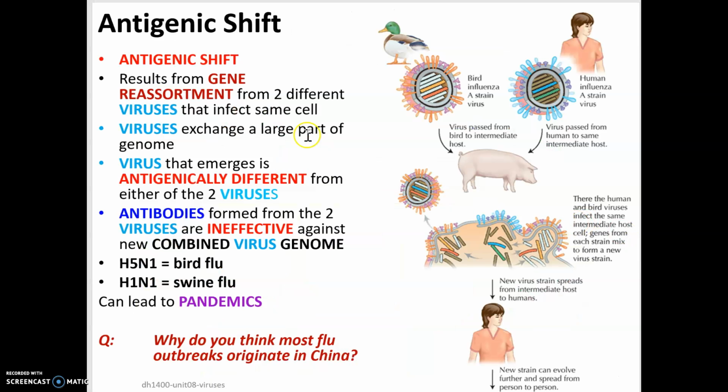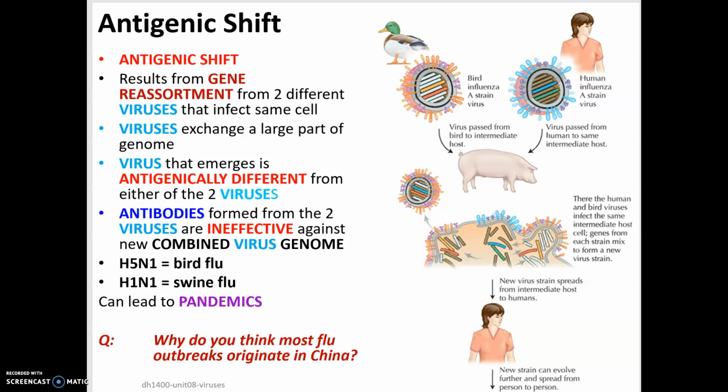Antigenic shift results from gene reassortment. Gene reassortment means we get an exchange of genes from two different viruses. A large part of the viral genome is exchanged inside an infected cell. So the virus that's produced is antigenically quite different from the two viruses that went in.